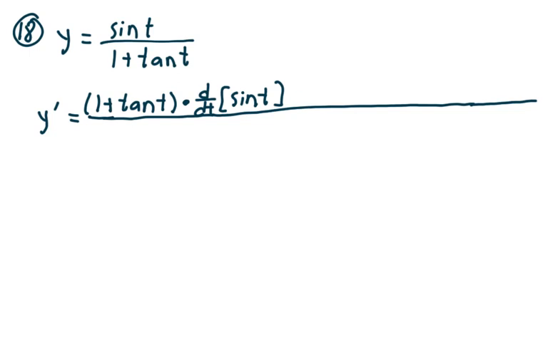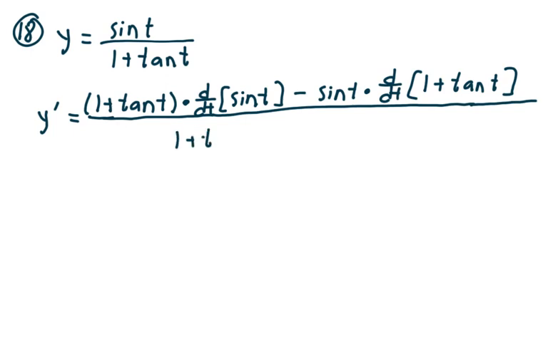to t, minus sine t times the derivative with respect to t of 1 plus tangent t. And I'm going to divide by 1 plus tangent t to the second.